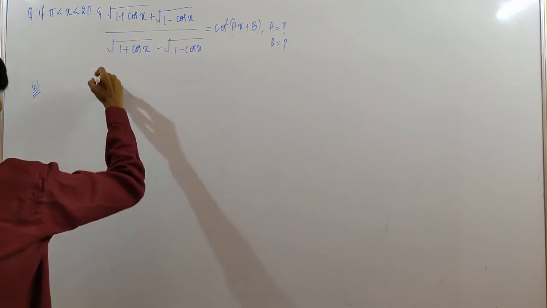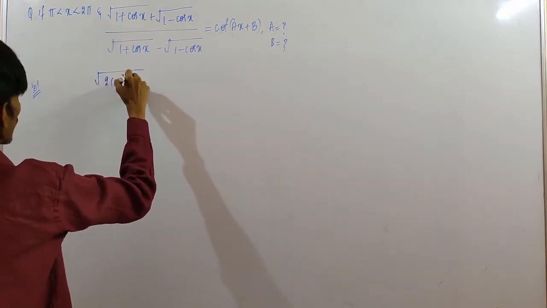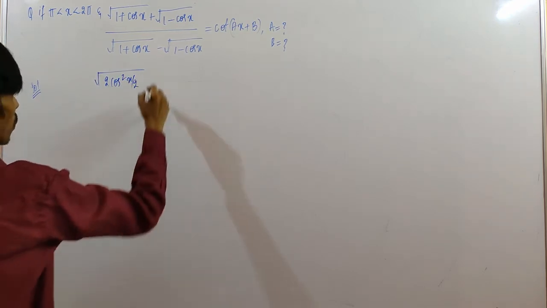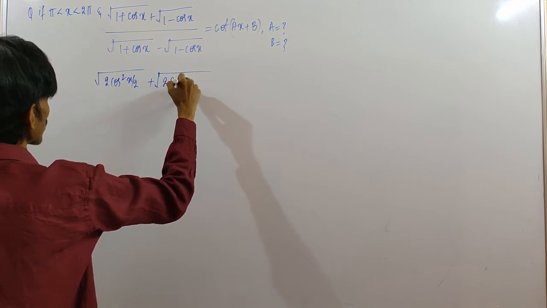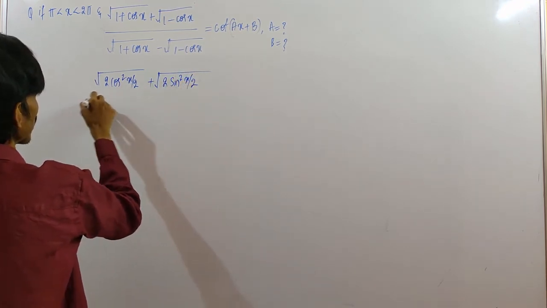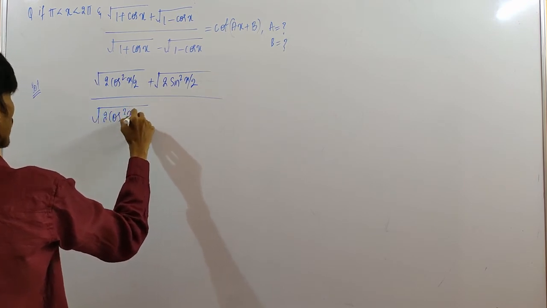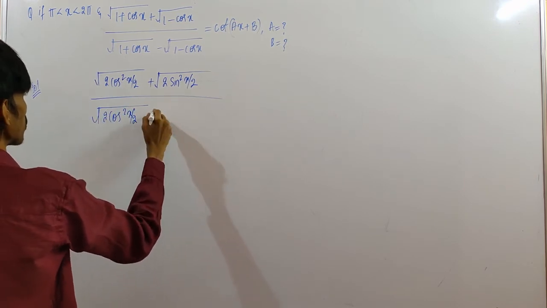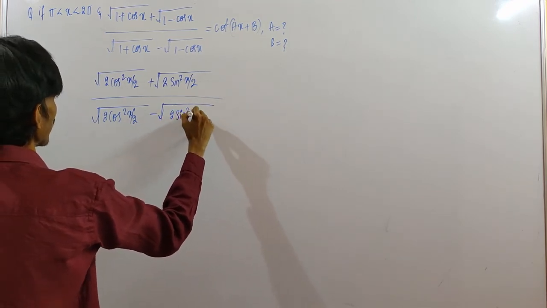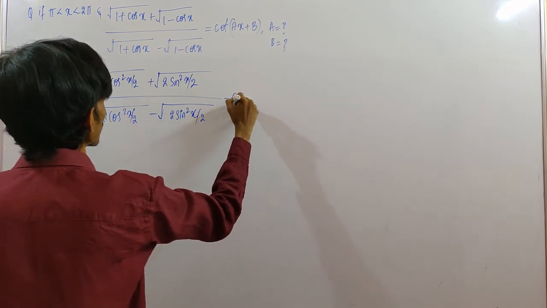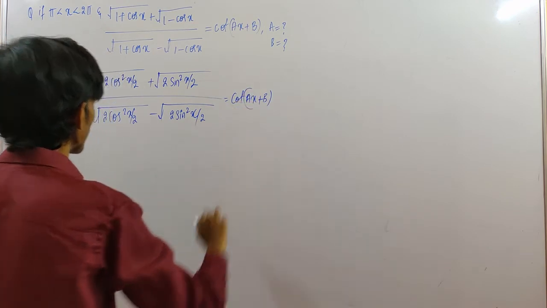So this can be written as root over (1 plus cos x is 2 cos square x by 2) plus root over (1 minus cos x is 2 sine square x by 2), divided by root over 2 cos square x by 2 minus root over 2 sine square x by 2, is equal to cot(ax plus b).